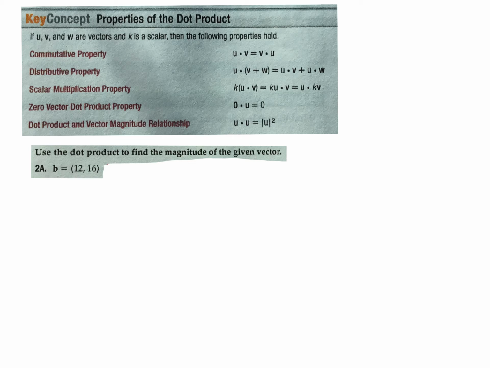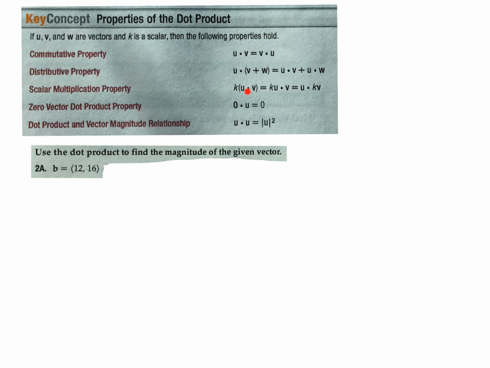Alright, so here are some properties of dot products. There is the commutative property, so u dot v is the same thing as v dot u. Also the distributive property: taking u dot the sum of v and w is the same thing as u dot v plus u dot w.